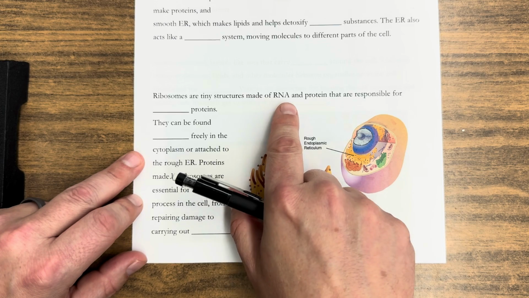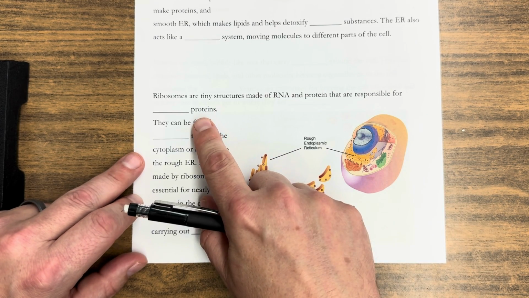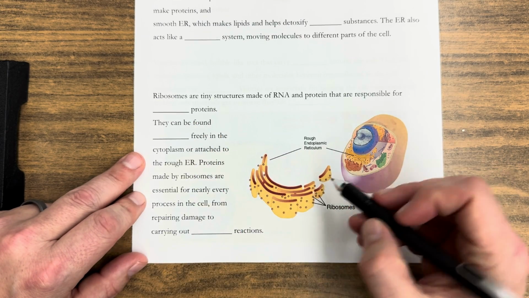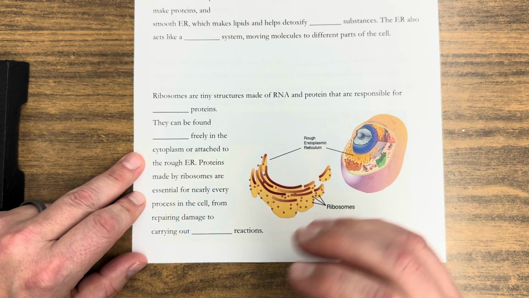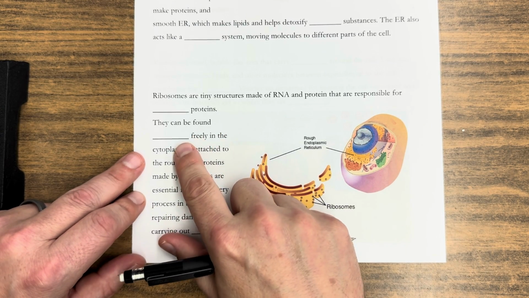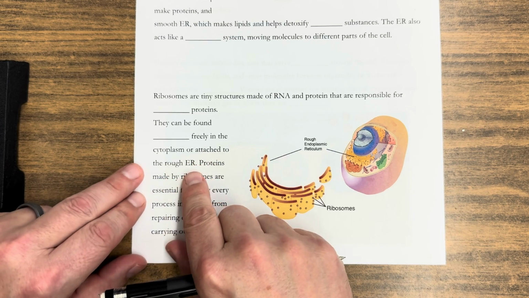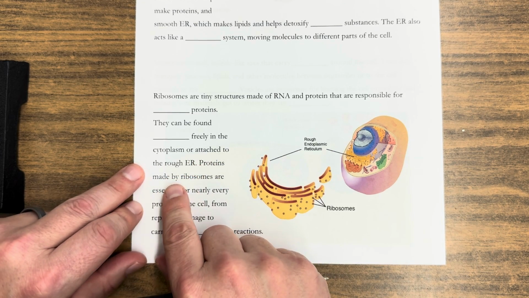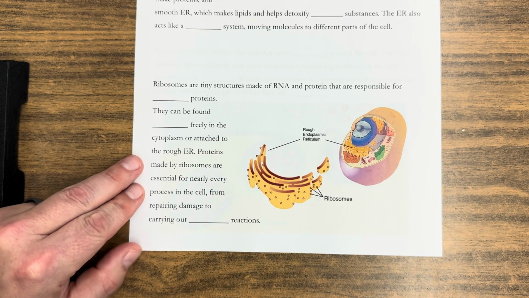Ribosomes are tiny structures made of RNA and protein that are responsible for building proteins. Again, the ribosomes you see here are all these little red dots. They can be found floating freely in the cytoplasm or attached to the rough ER. Proteins made by ribosomes are essential for nearly every process in the cell.